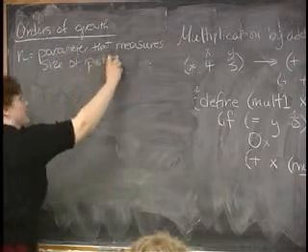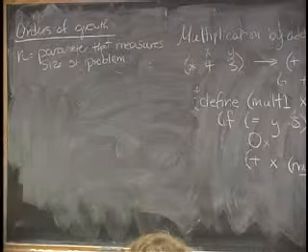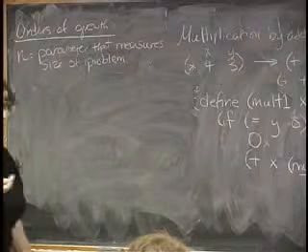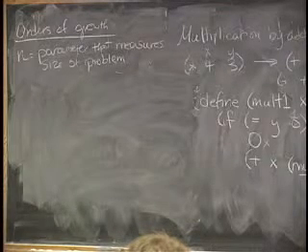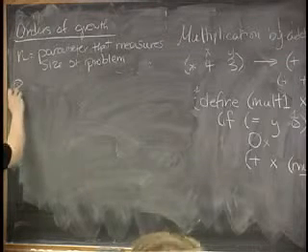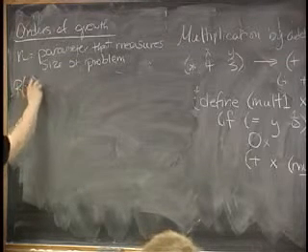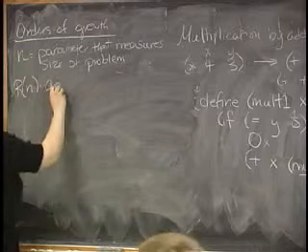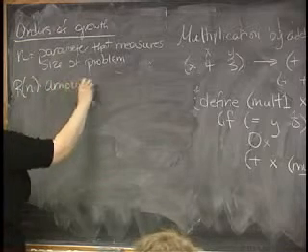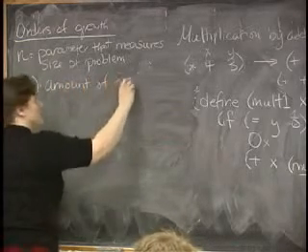On the right-hand board, we were using y. Y was the parameter that was measuring the size of our program over there. R of n is the amount of resources required.